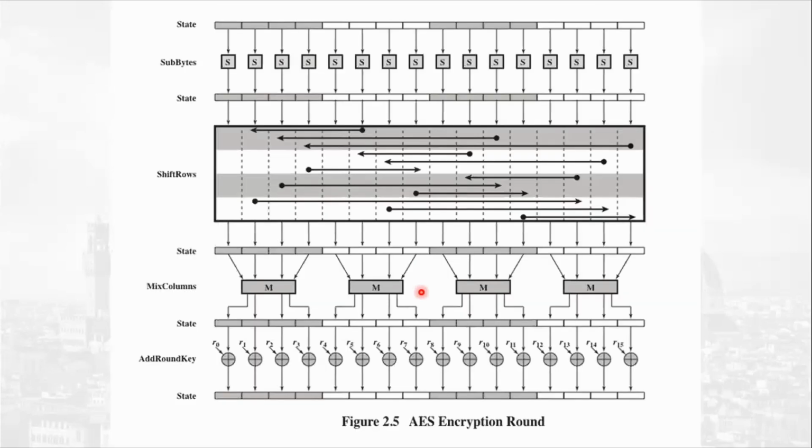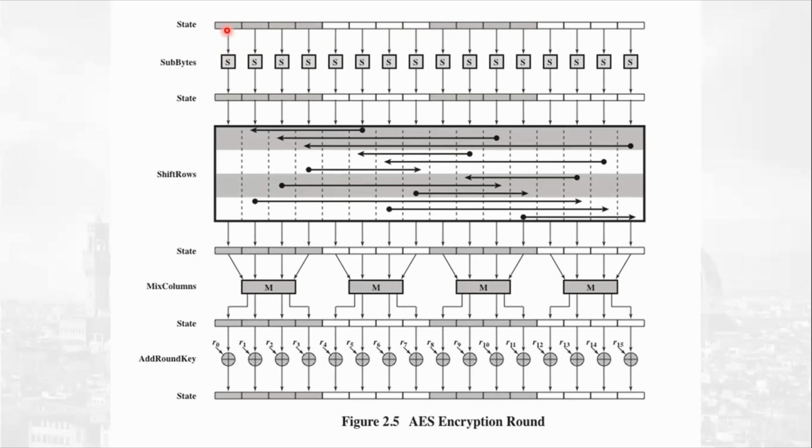This is a quick review of what is happening in the round itself. Whatever matrix you have, the matrix is represented as a state. So first row, second row, third row, and fourth row likewise.